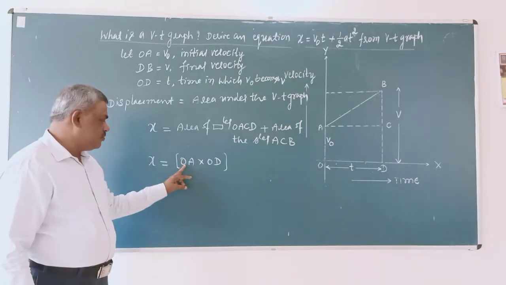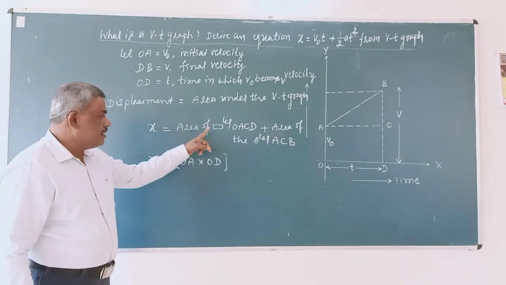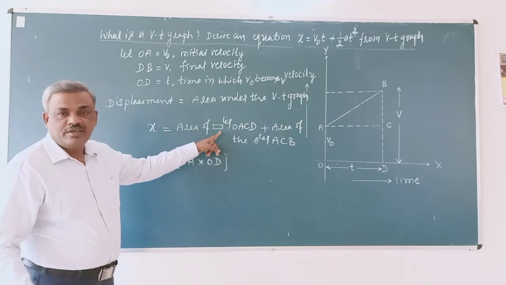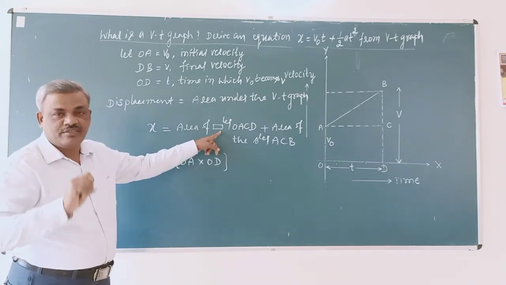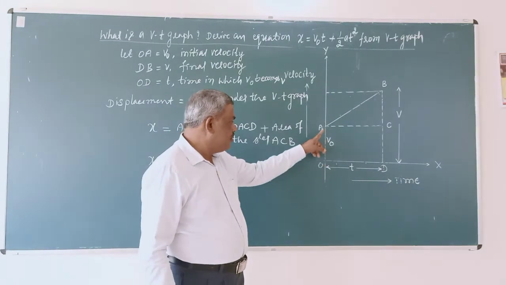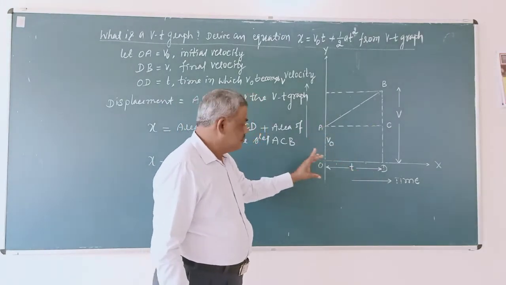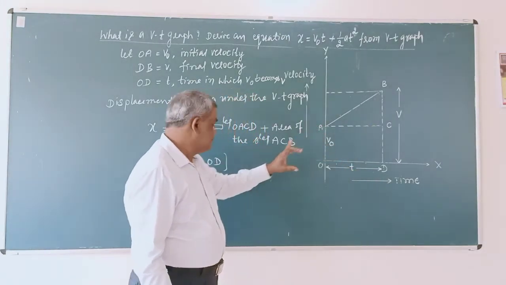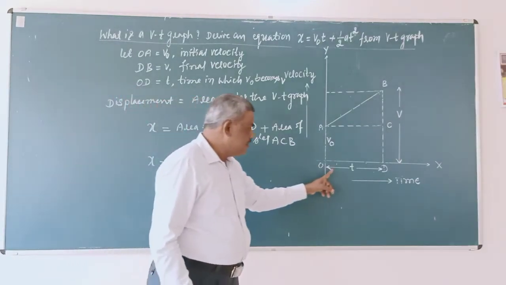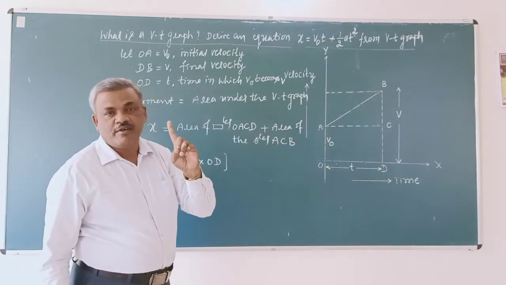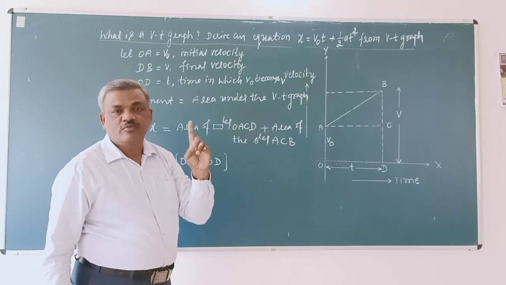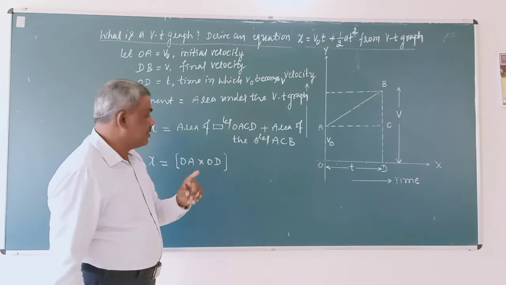Okay, now mention here OA. Area of the rectangle equals length into breadth. So this is the rectangle OACD. OA is the length, into OD, which is the breadth.